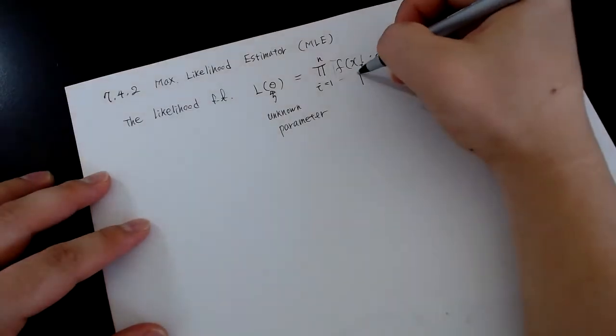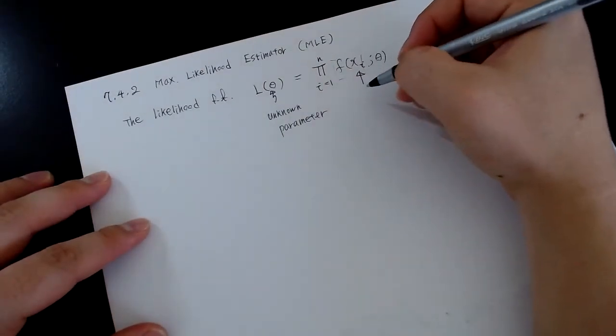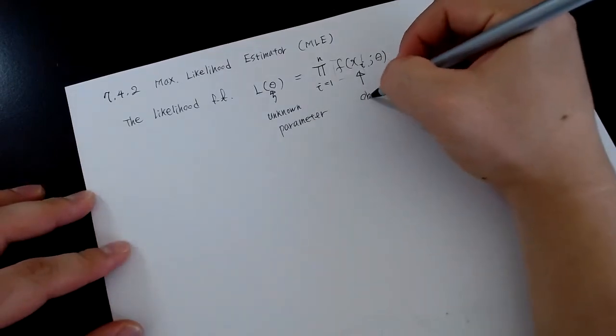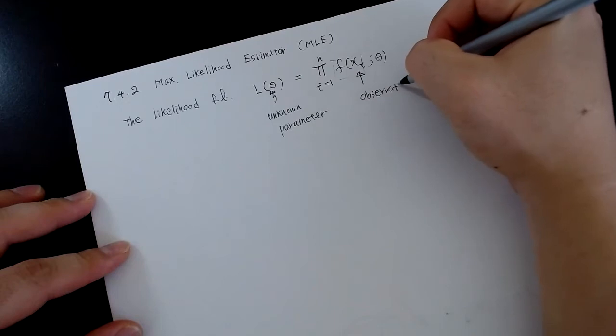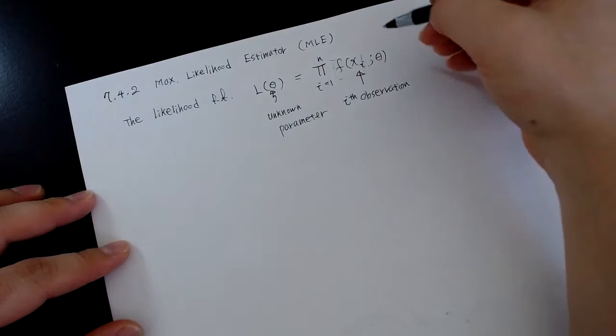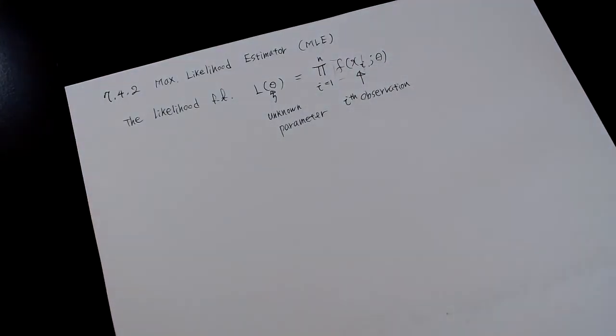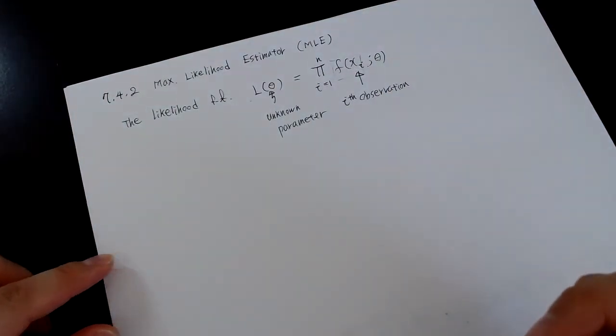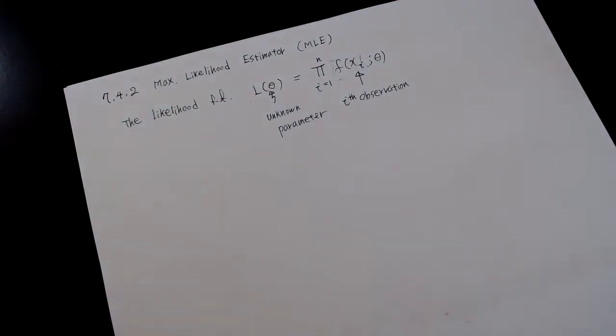Here xi is the ith observation of the sample. Since the likelihood function is L of theta, we're going to find the maximum value of L. It means that we want to find the value of theta that maximizes L of theta.